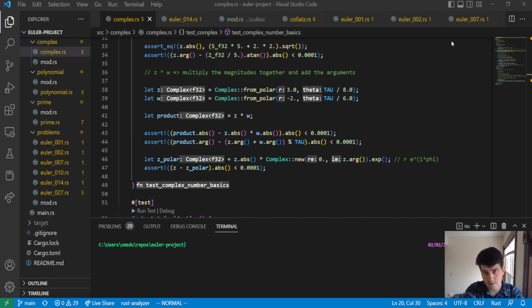Note that omega squared is two-thirds of the way around the circle.